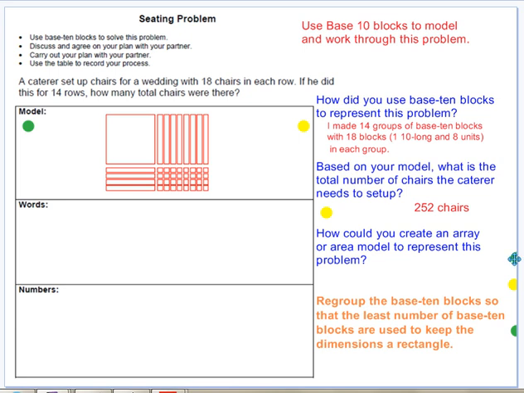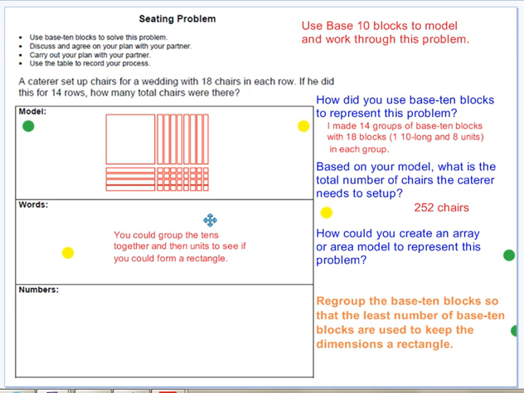Then how are we going to create an array or area model to represent this problem? This is kind of an array or area model. We could group our 10s together and then the units to see if we can form a rectangle, and that's what we did up here. In this one, we're going to go through and do the seating problem together so that we get the feel for how this type of problem works.